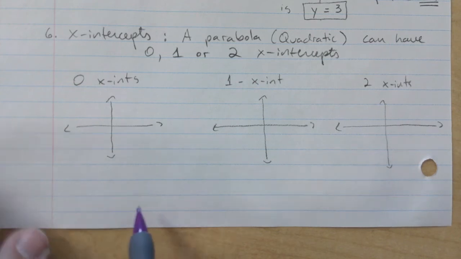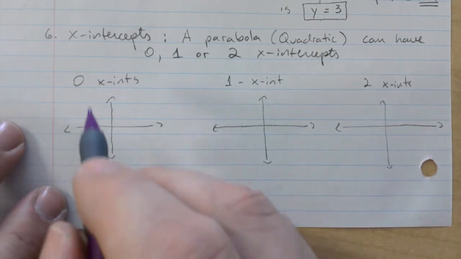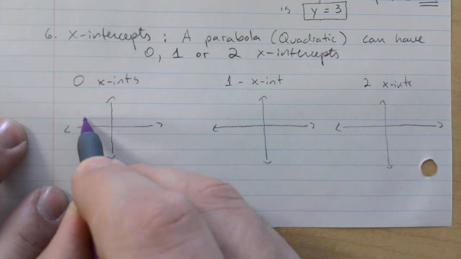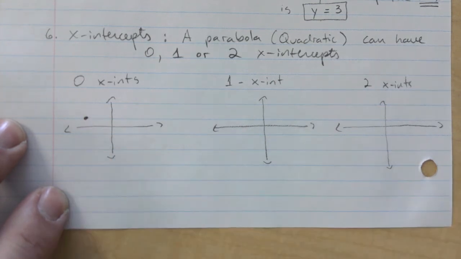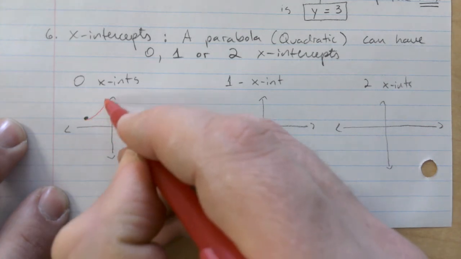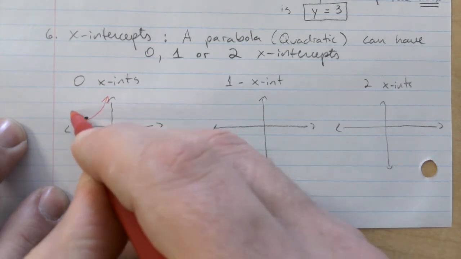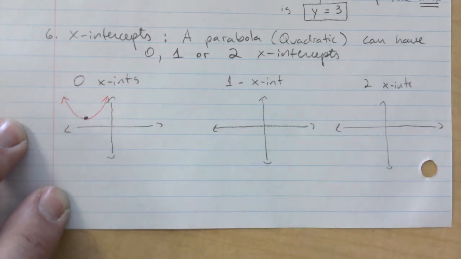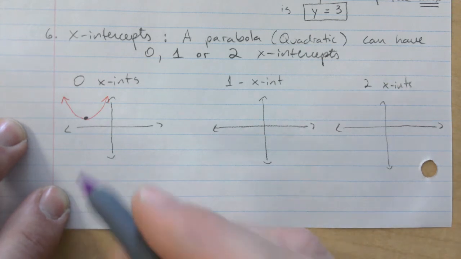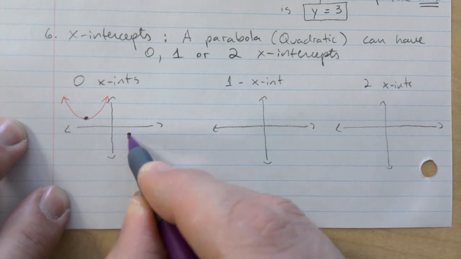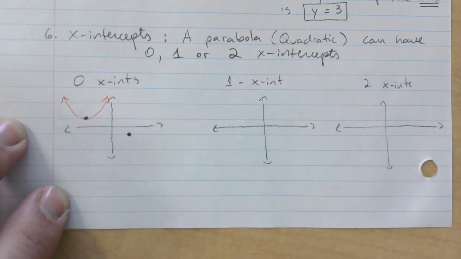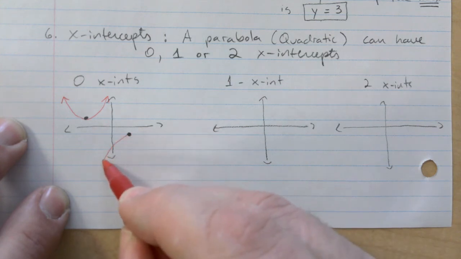I'm going to try to keep it short. So 0 x-intercepts, these are just some examples. So let's say our vertex is here, and it is pointing up from there, right? That would result in no x-intercepts whatsoever. Same thing for pointing down. So we're just going to do the same thing over here on quadrant 4 and just go out from that point.